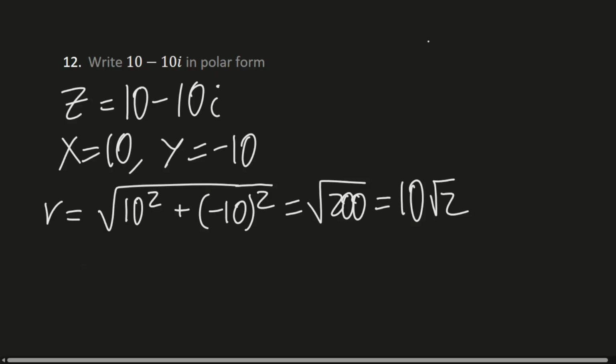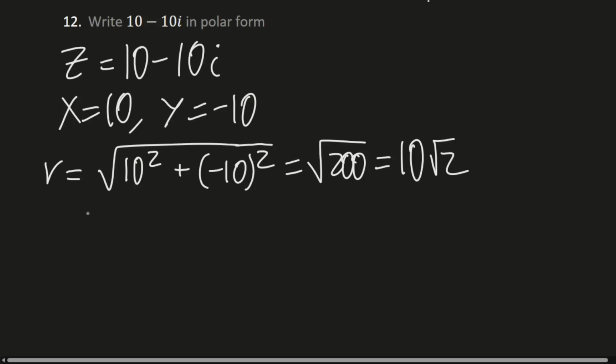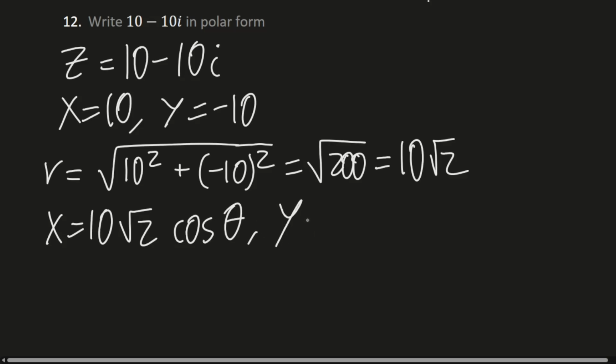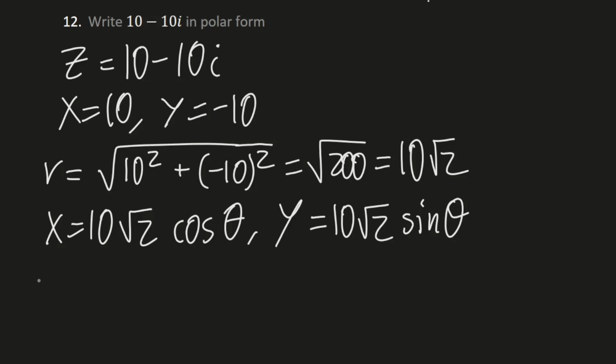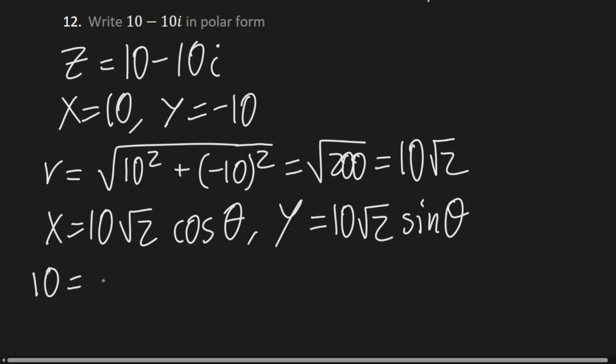So that means that x is equal to 10 times the square root of 2 times cosine of theta, and y is equal to 10 times the square root of 2 times sine of theta. And so x becomes 10. 10 is equal to 10 times the square root of 2 times cosine of theta.